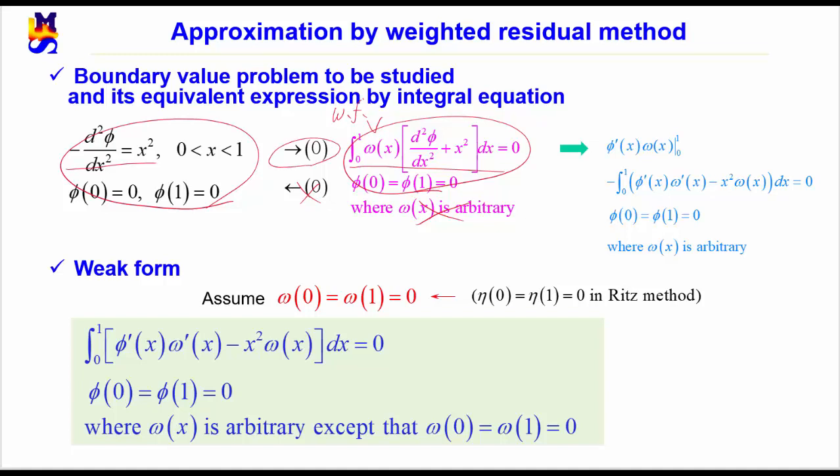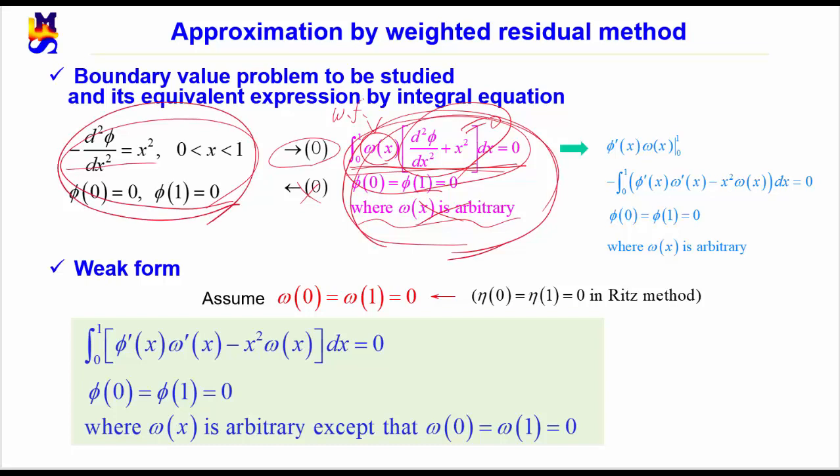However, the right problem does not guarantee the left problem. When this condition is imposed, that is, omega x, the weighting function, is arbitrary, it should be satisfied for all omega x, and thus this should vanish. Therefore, these two problems are identical with each other.